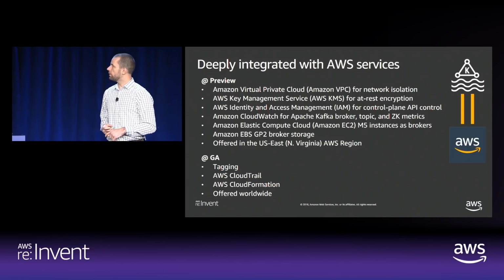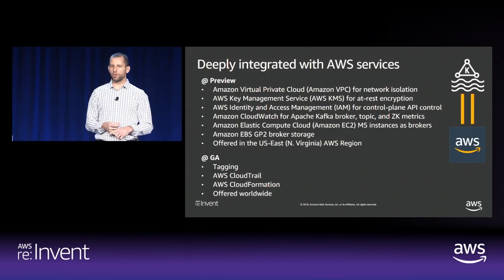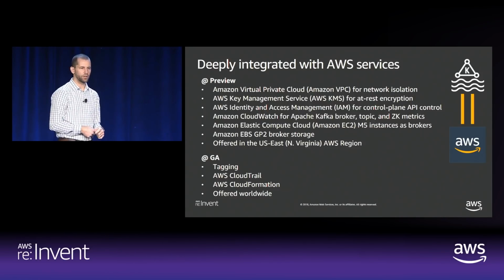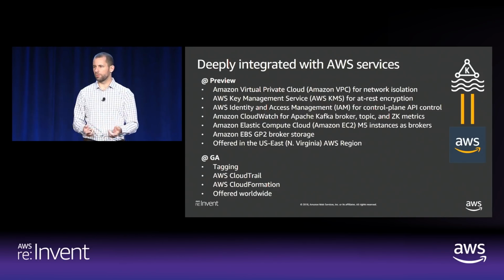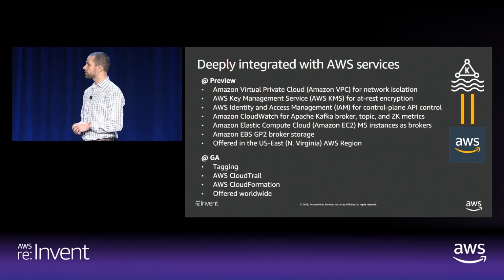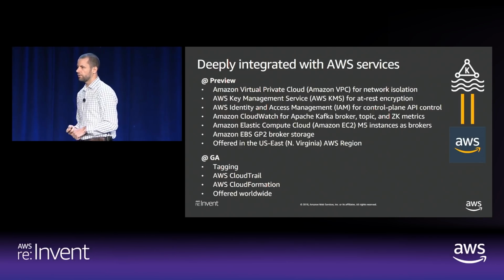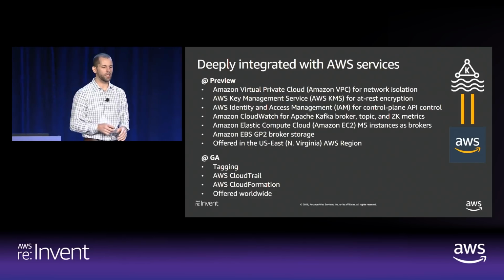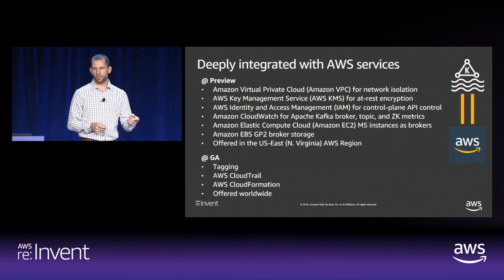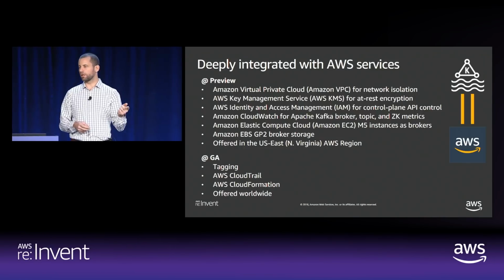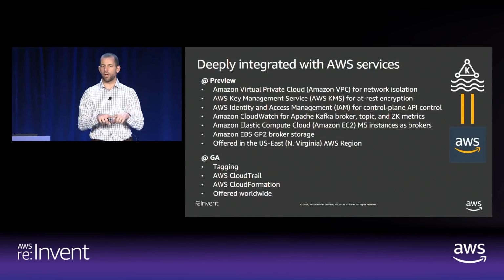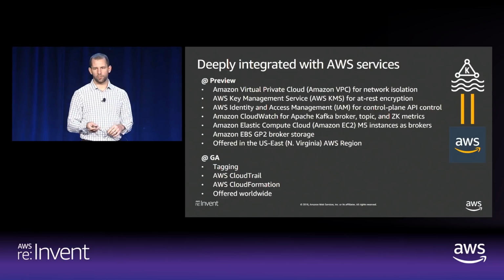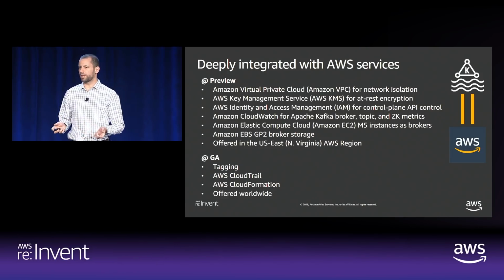We are deeply integrated with a number of services, and we're going to continue integrating with a lot of other AWS services that you love to use. First is VPC. Your clusters, by default, require private connectivity. That means the clients that are running in your VPC are privately connected to our cluster through an ENI, Elastic Network Interface, and there are no public endpoints.